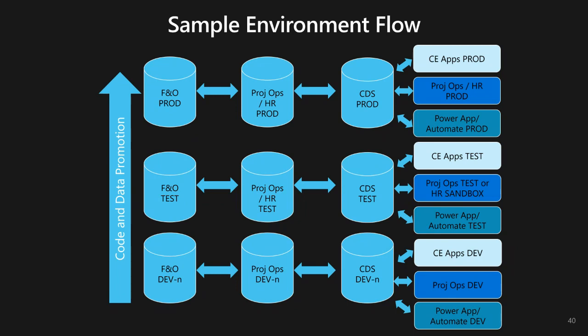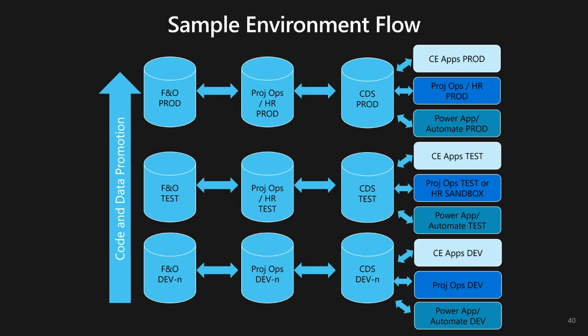But you'll want to think about the flow between your environments, and you'll also want to consider adding timing into your diagram as well. This is a very simple example to help you get started and start to visualize what might need to be included in your environment flow.